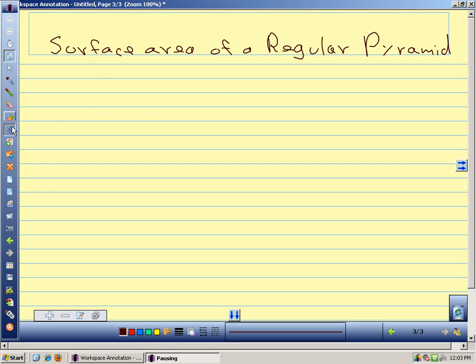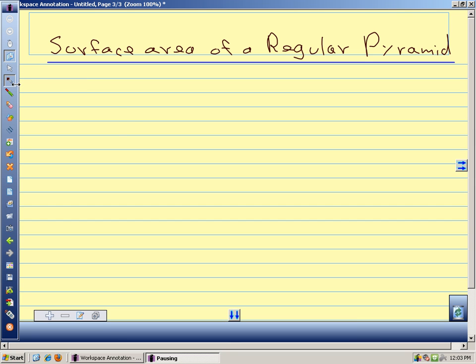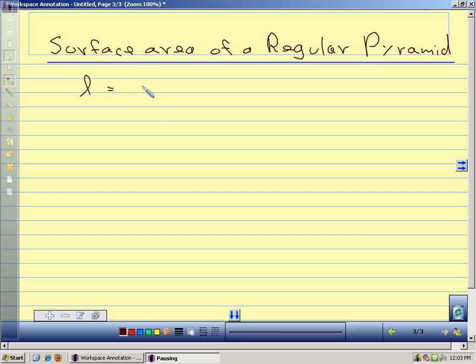So our surface area formula only works for a regular pyramid. And the parts that we need are slant height, we use the script L for slant height. P is the perimeter of the base.